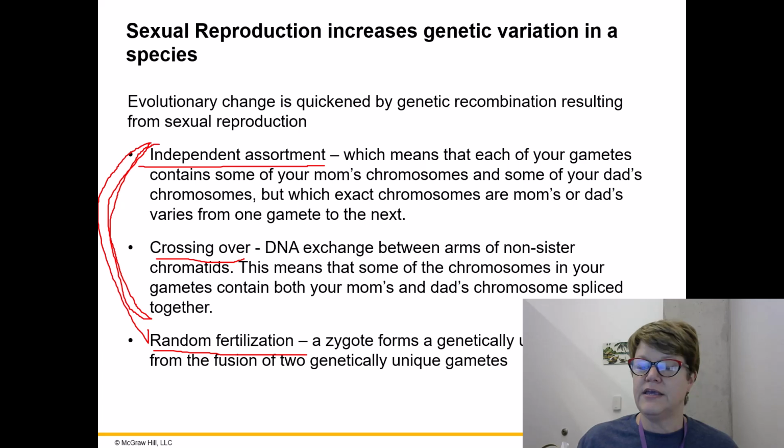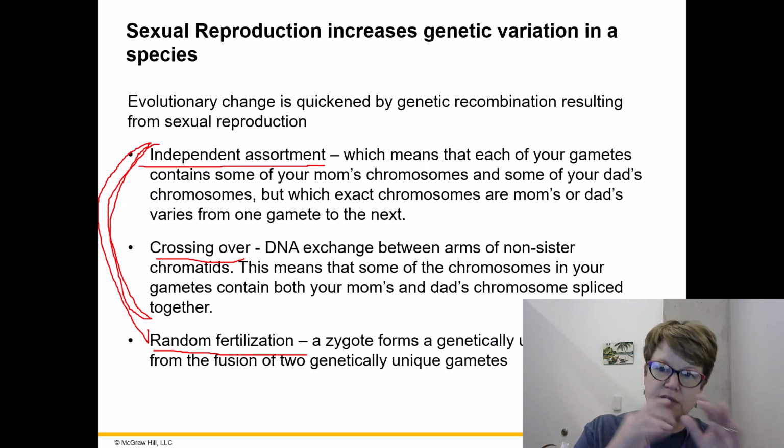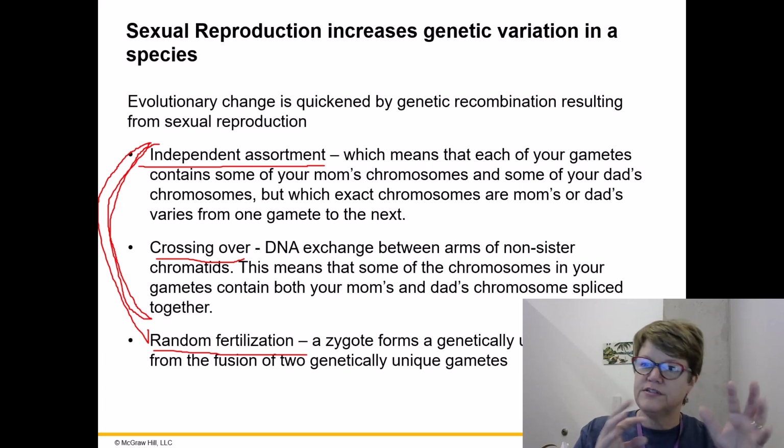So in the end, each zygote that is produced is genetically unique. In humans, they all have 46 chromosomes in the typical case, but within those 46 chromosomes is this combination of little differences. And so each zygote is genetically unique from that point of view.